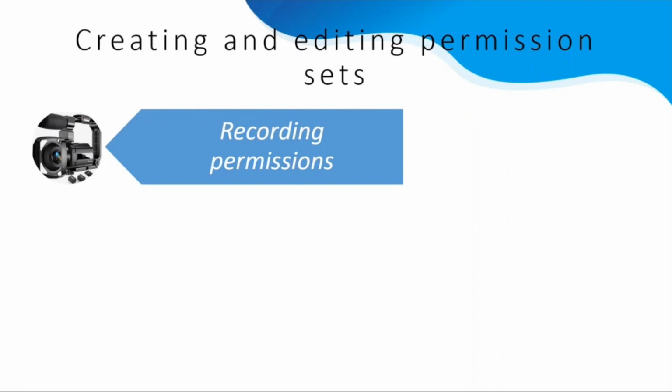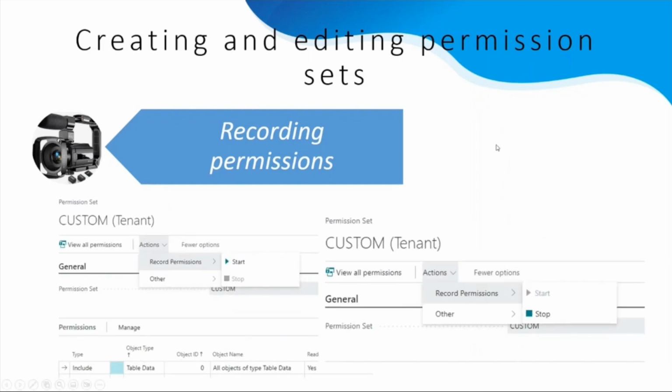So I want to introduce the recording of permissions in Business Central, with which we can create a new permission set. We'll create a new permission set in Business Central now, and then we will follow an example. The example that I want to use today is we have a creditors clerk, and the creditors clerk only needs to create purchase orders, not receive, nor post or invoice, but only create purchase orders.